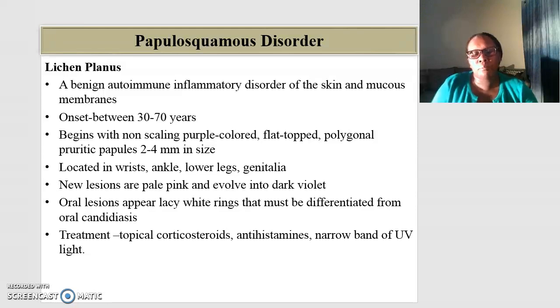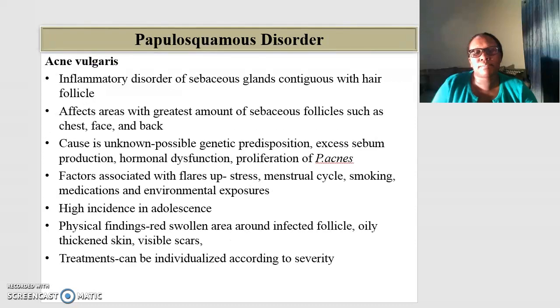New lesions are pale pink and evolve into dark violet. Oral lesions appear lacy with rings that must be differentiated from oral candidiasis. Treatment includes topical corticosteroid, antihistamine, and narrow band UV light.